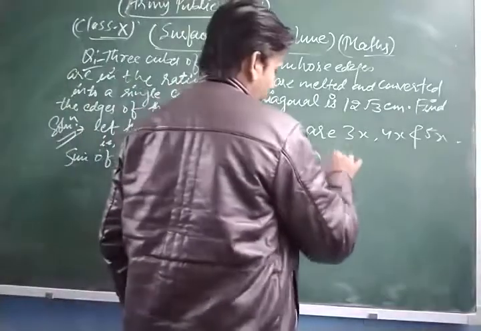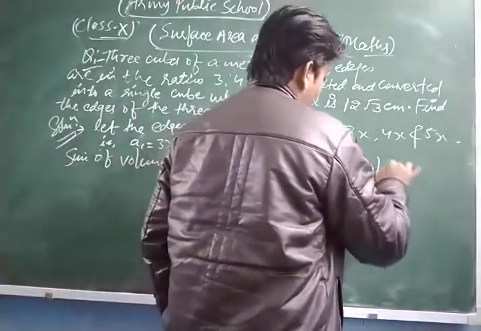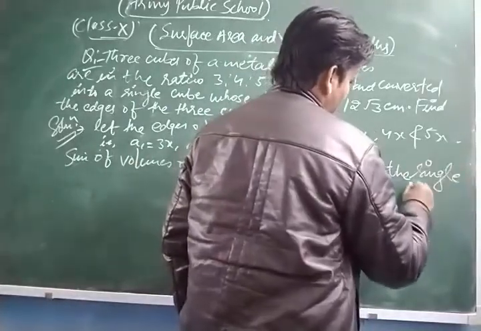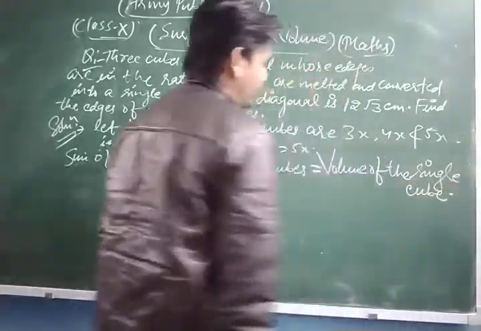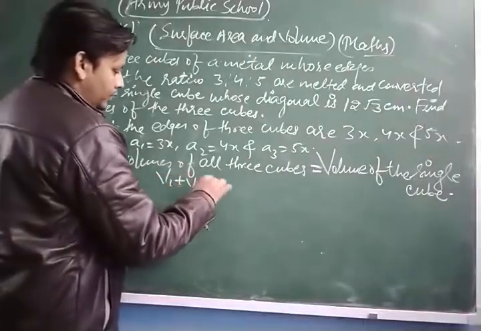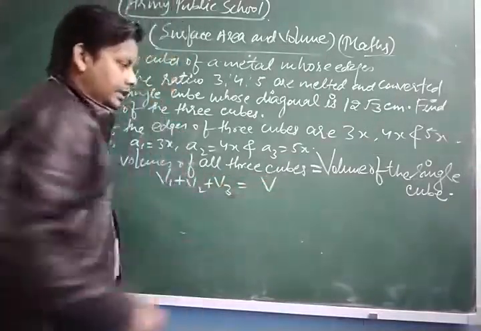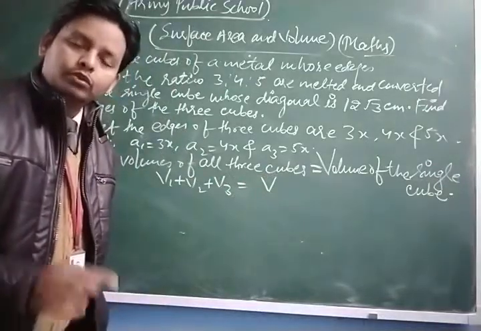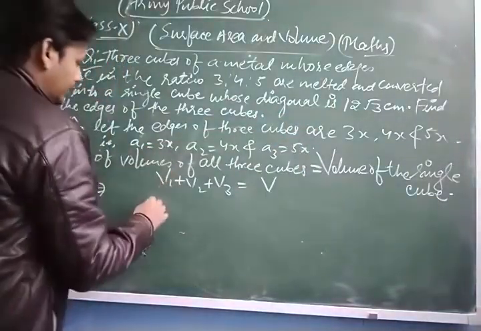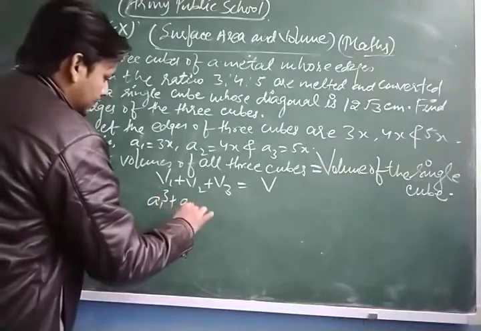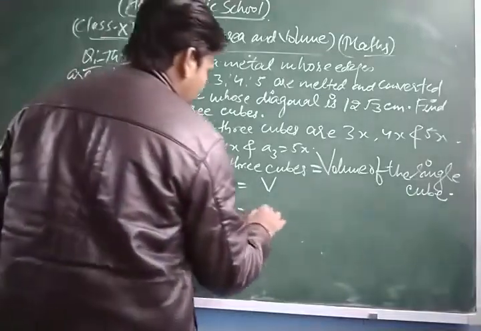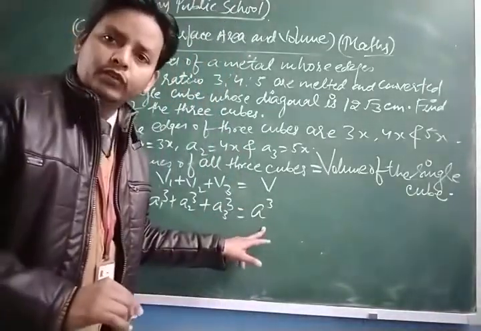That is V1 plus V2 plus V3 is equal to V. We know that the volume of a cube is side cube. So here it is A1 cube plus A2 cube plus A3 cube is equal to A cube. Here A will be the side of the single cube.